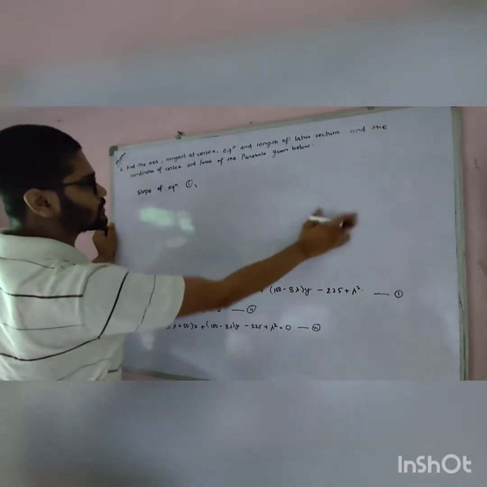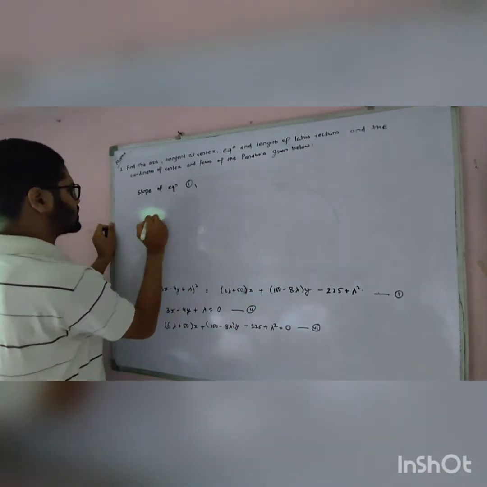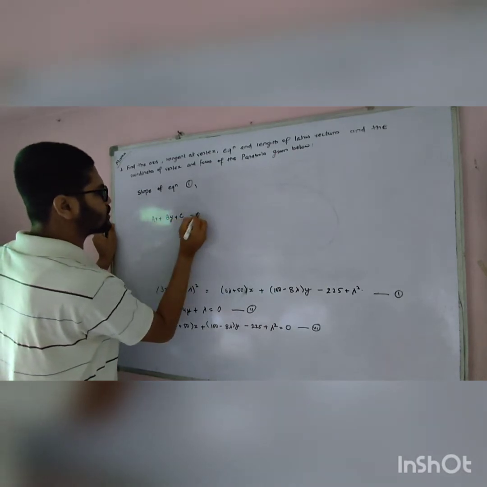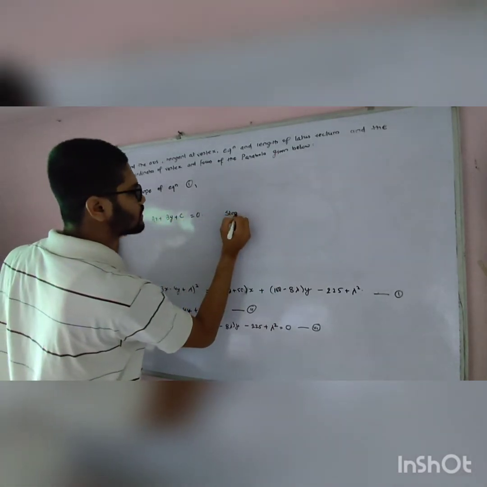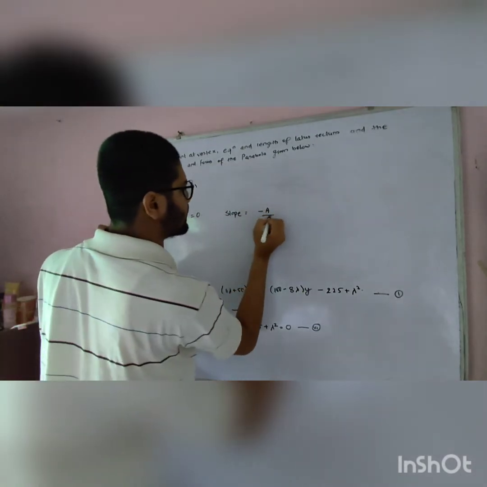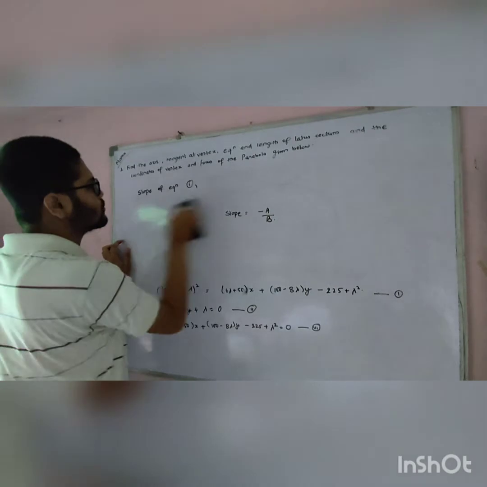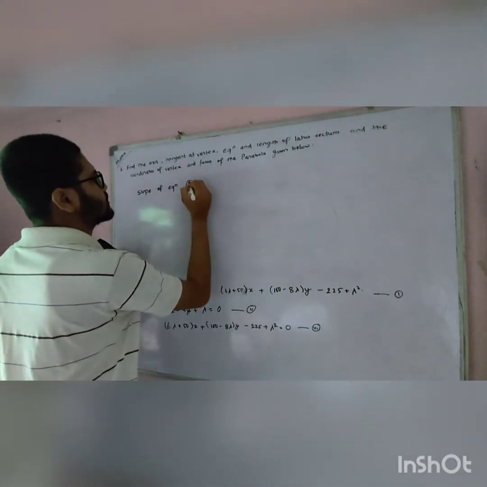We know that for any equation, suppose the equation is ax + by + c = 0, its slope equals -a/b. Similarly, using this method we can find out the slope of equation 2 and equation 3.